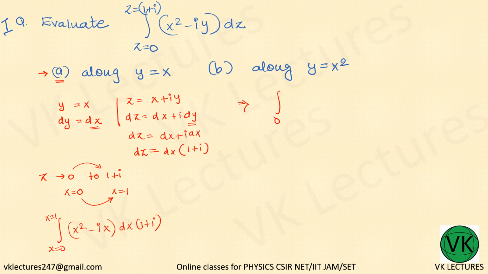So this is equal to the integral from 0 to 1, 1 plus i can be taken out, of x square minus ix times dx. Now 1 plus i out, the integral of x square is x cube by 3, from 0 to 1, minus i into x square by 2, from 0 to 1.